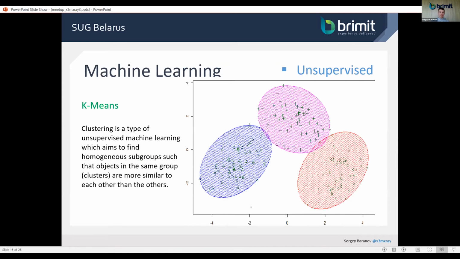K-means is a simple clustering algorithm. What it does, it just groups all your customers in several groups by similarity.